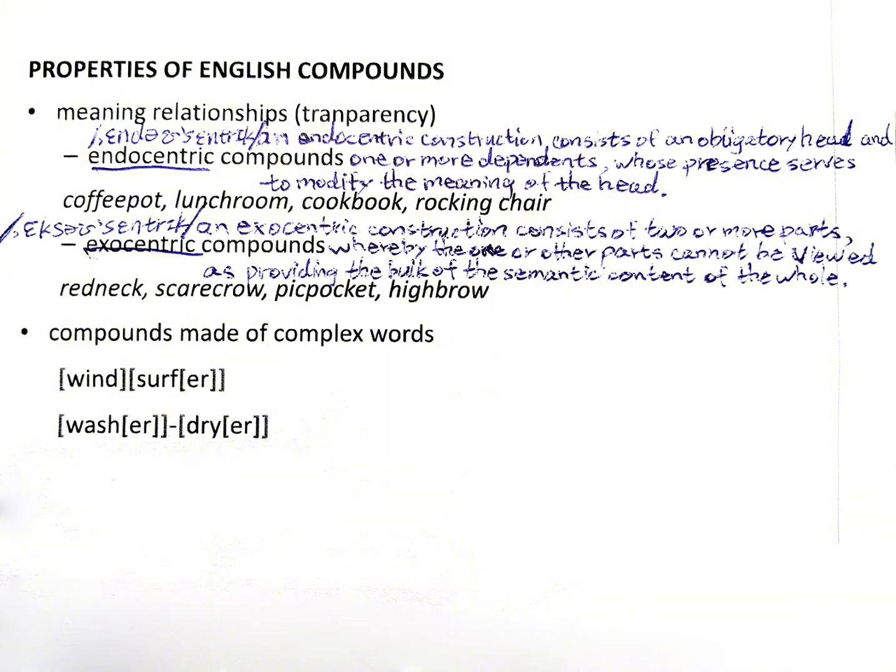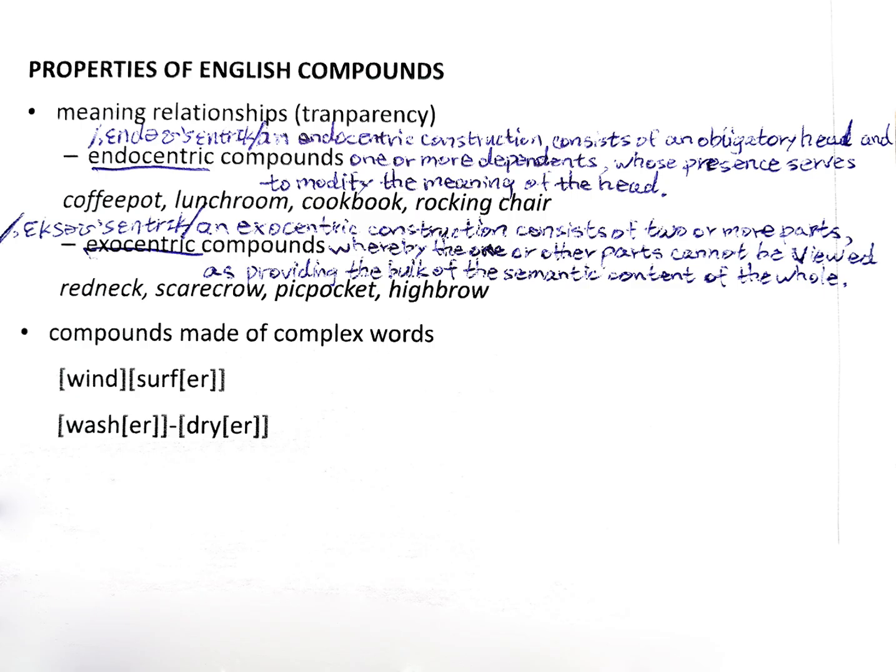One's called endocentric, and the second one's called exocentric. By official definition, an endocentric construction consists of an obligatory head and one or more dependents whose presence serves to modify the meaning of the head.